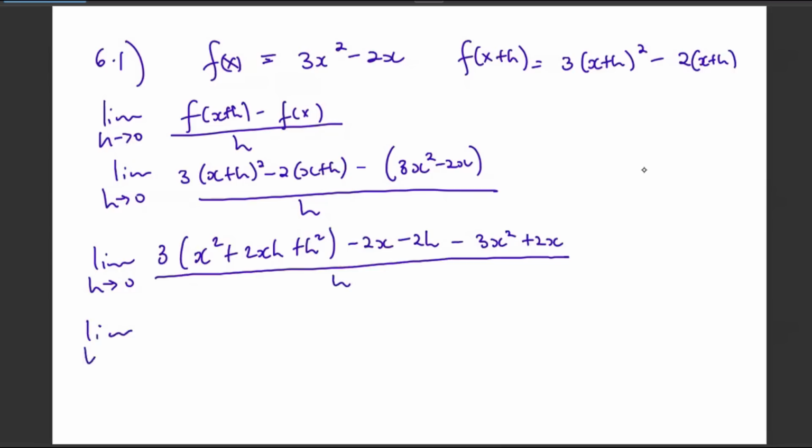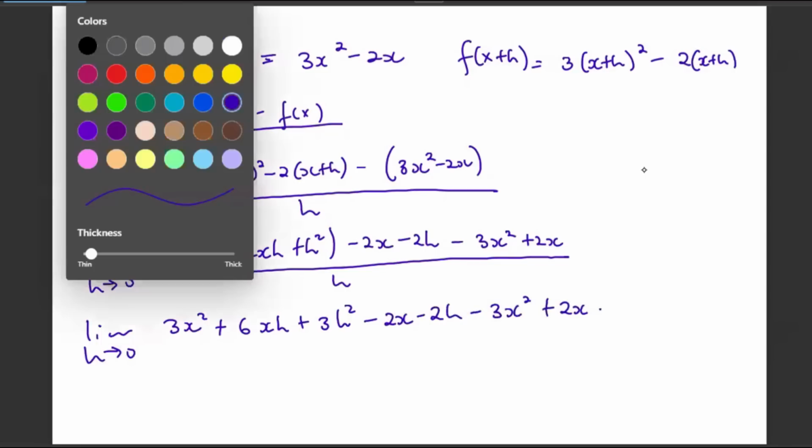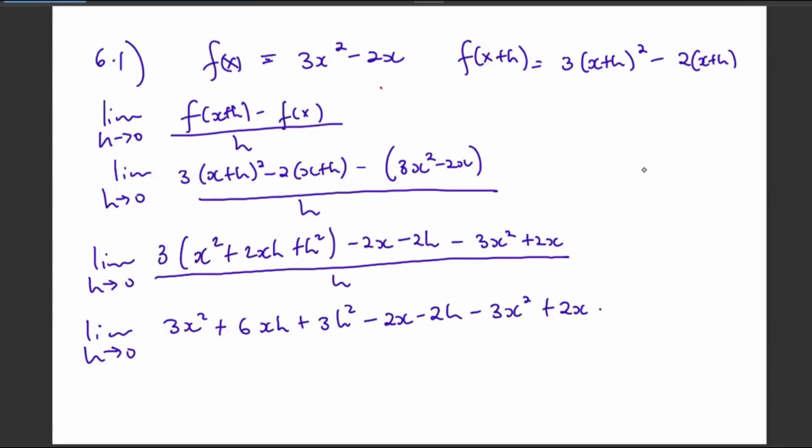Then limit as h tends to 0, we open up again: 3x squared, 6xh, 3h squared, minus 2x minus 2h, minus 3x squared plus a 2x. Remember, with first principles, the original will always cancel out. This is all over h. So this cancels this because the signs are opposite, and this cancels that.